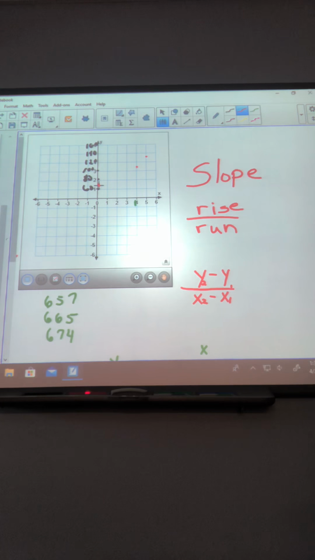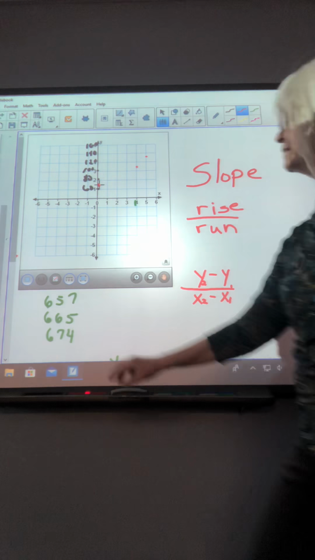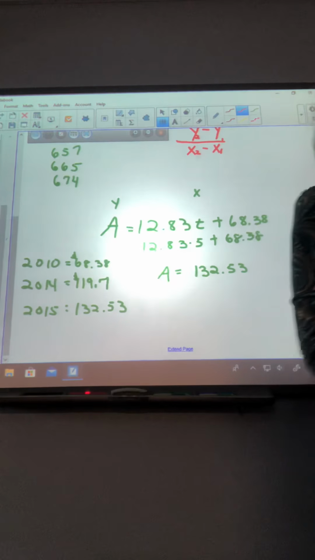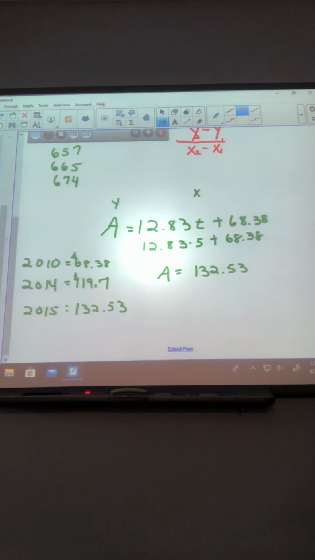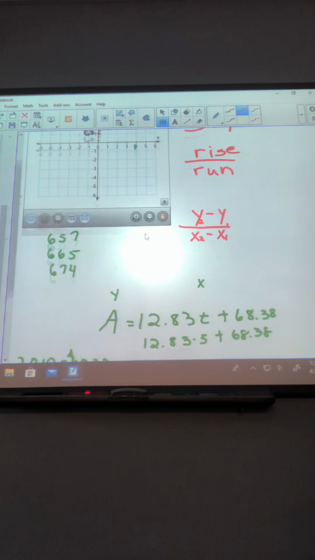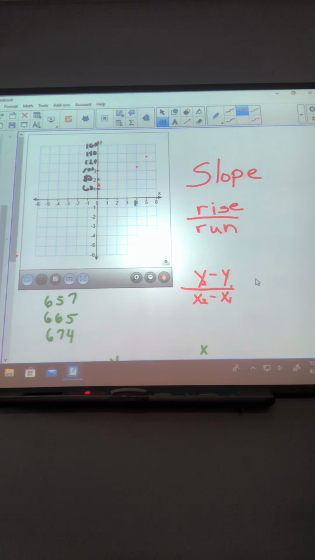So again, this point represents 2010, this one is 2014, and this is 2015. So this was the 68 billion, it was billion I think, and our next point was the 119, and then this one was the 132.